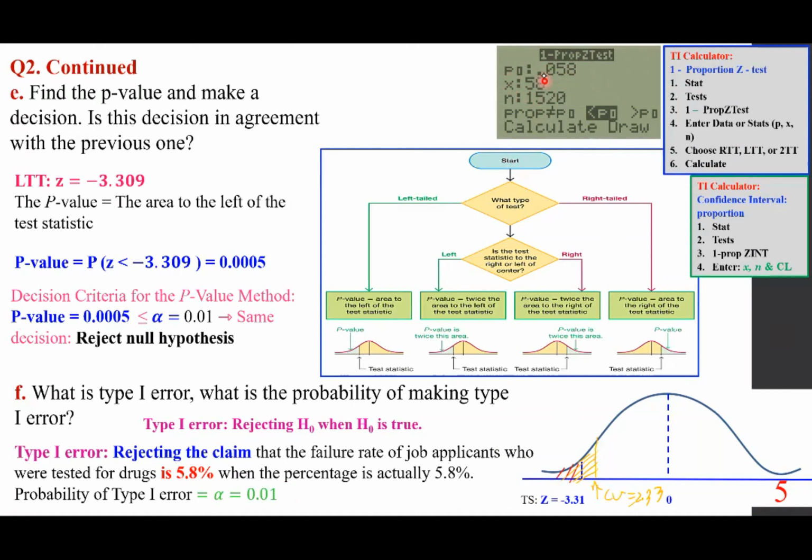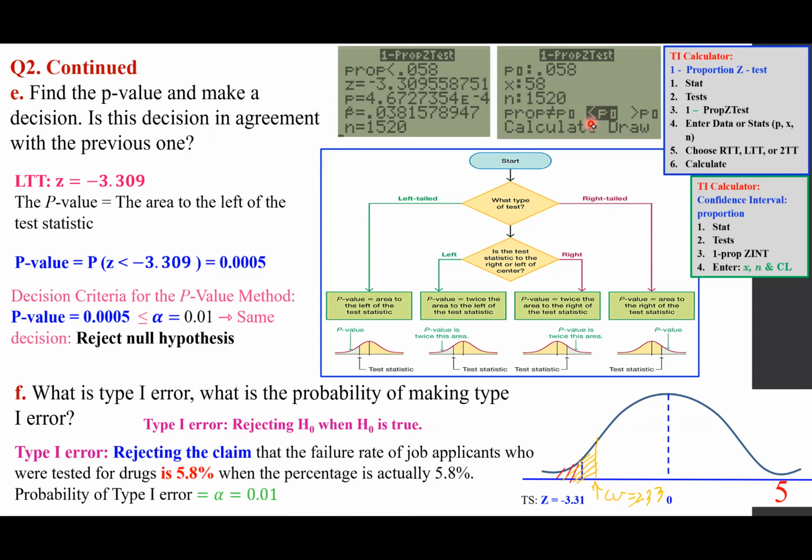X was 58, n was 1520. And it was less than, because you have a choice. You can go with not equal, which makes a two-tailed test, less than, which is a left-tailed test, or greater than, which is a right-tailed test.